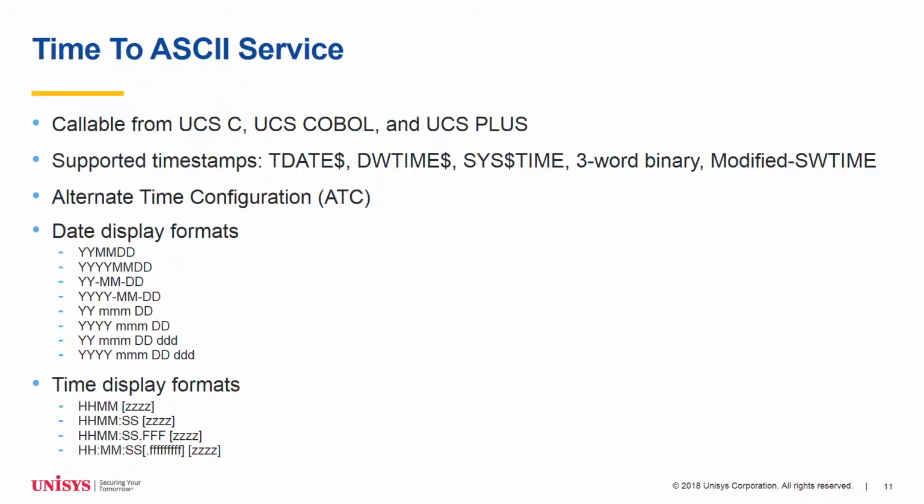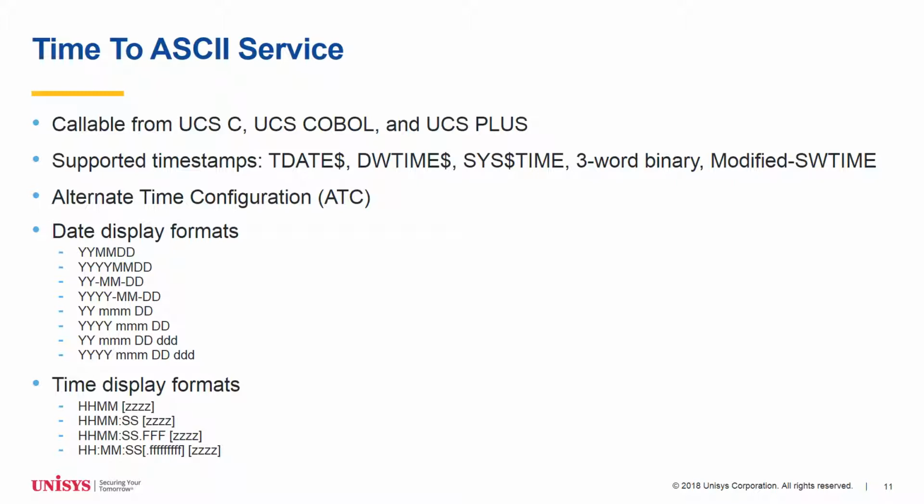Input timestamps can be provided in TDate dollar, DW time dollar, sys dollar time, 3-word binary, and modified SW time format. Alternatively, the service can be directed to obtain the current date and time. Alternate time configuration is supported.